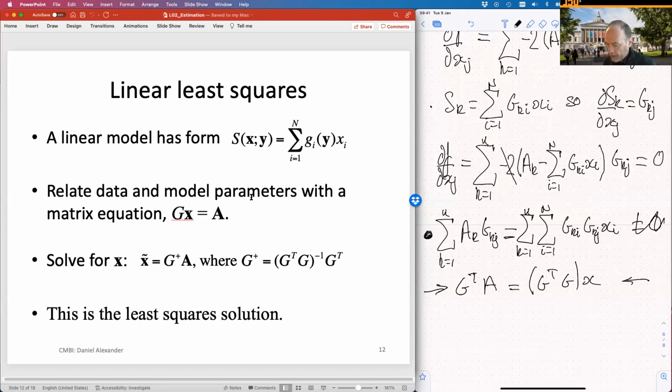And since we chose J arbitrarily, that must be true of every row of this matrix equation. The same calculation would work for any J.